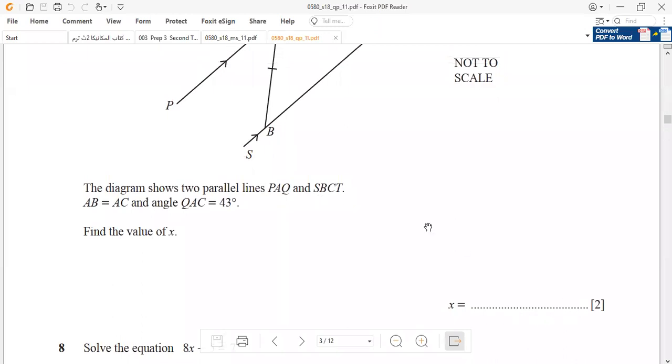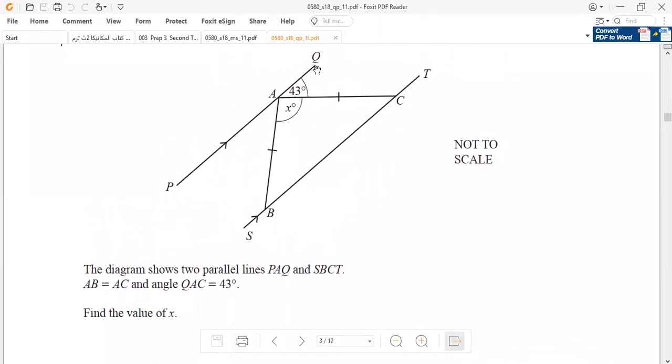This question was 2 marks, so we need to write some steps.